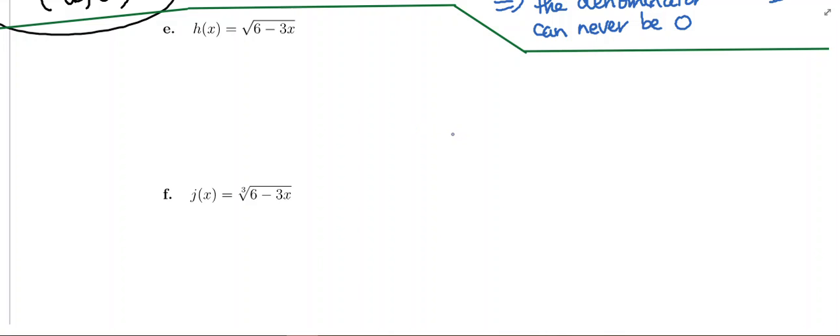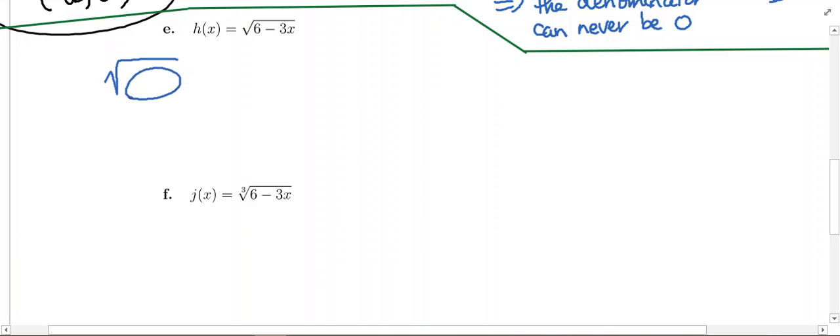so we have to be careful about what we plug in for x. The way you want to handle a square root function is you plug in for x, then you simplify. Whatever results underneath needs to be positive or 0, because you can take the square root of a positive number and you can take the square root of 0.